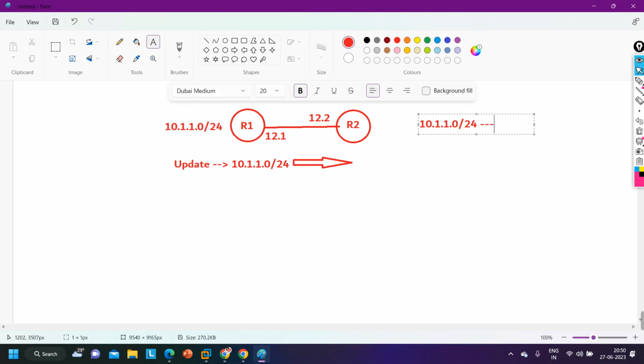10.1.1.0/24. It will start one timer for this network here, right? 30 seconds. Means after 30 seconds, it will receive one more update. Let's say the timer starts from 1, then 2 seconds, 3 seconds, 4 seconds, 5 seconds, and after 30 seconds it will receive another update message.